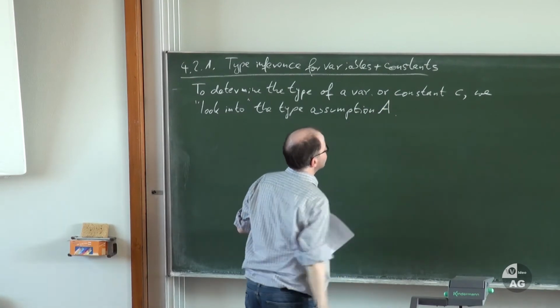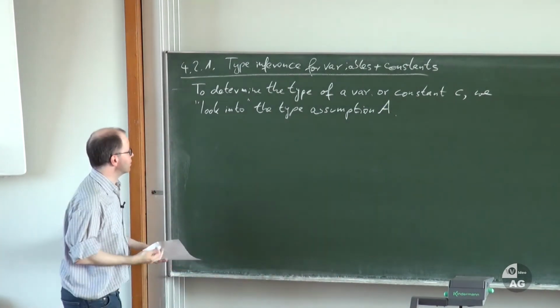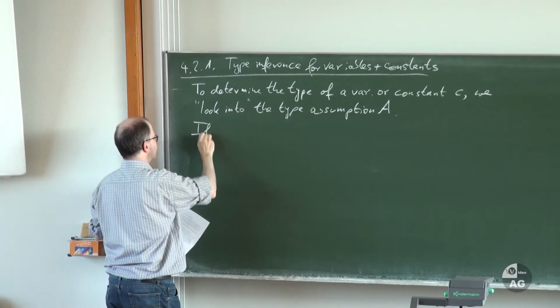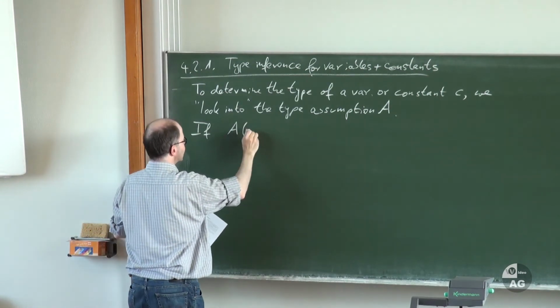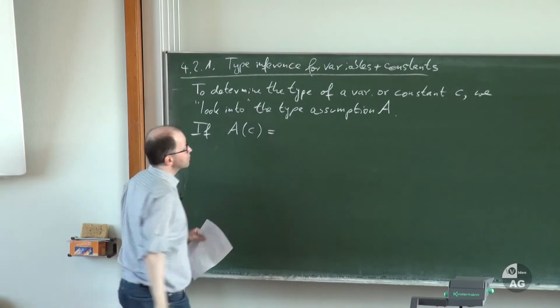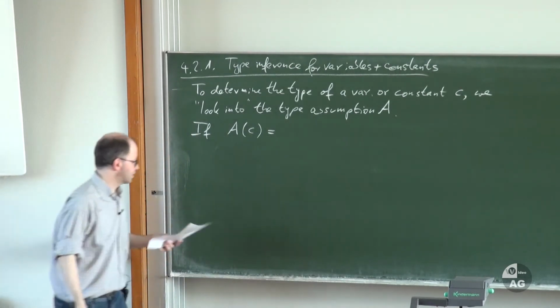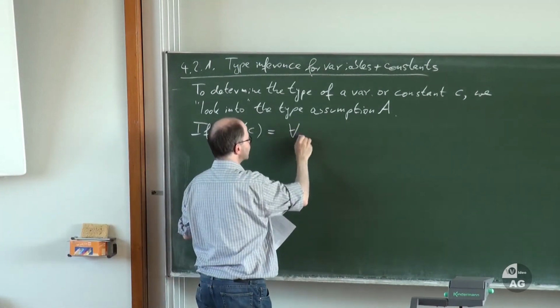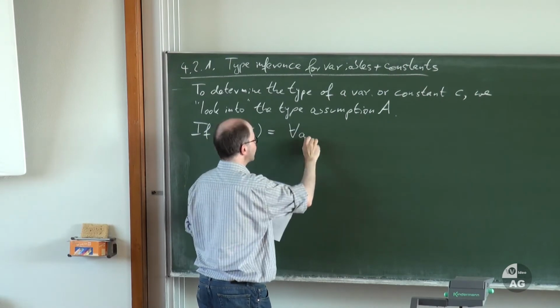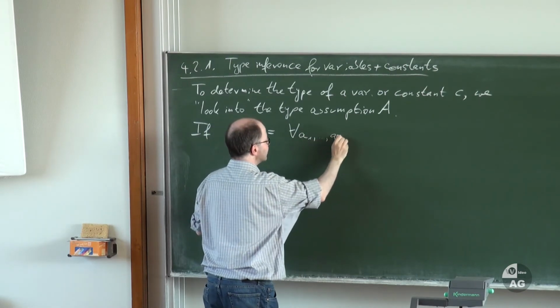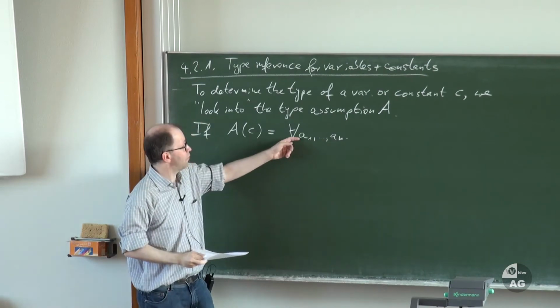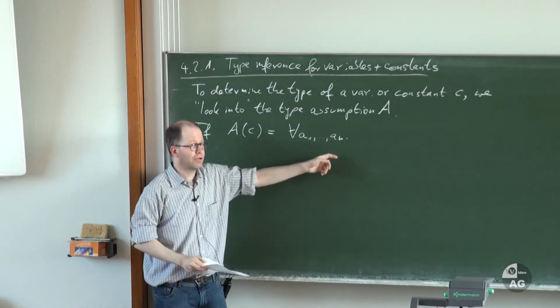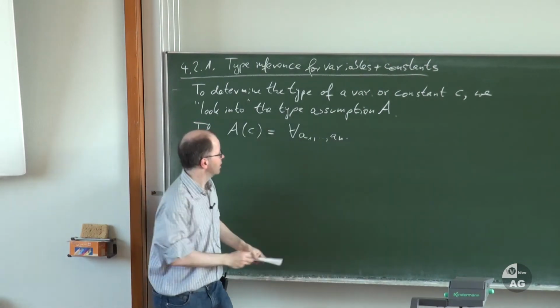So let's say A is our type assumption. Suppose that the type assumption for this variable or constant C looks like this: for all A1 to AN, tau. This is a shorthand for for all A1, for all A2, for all A3 to for all AN, tau.